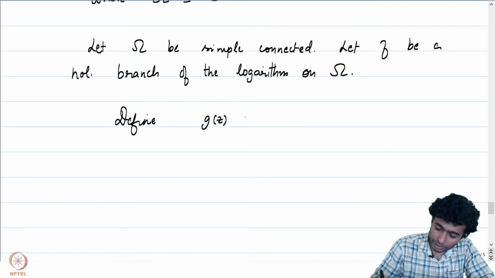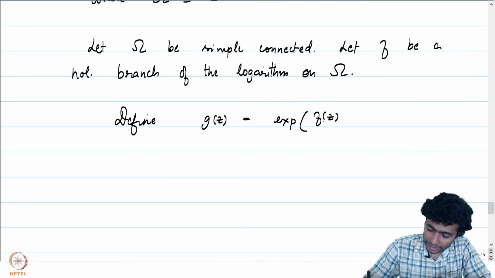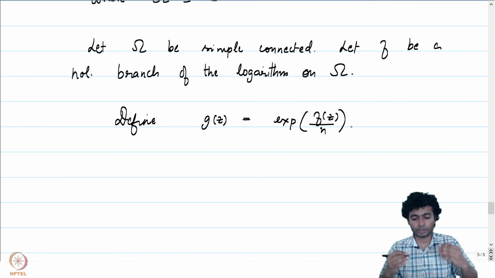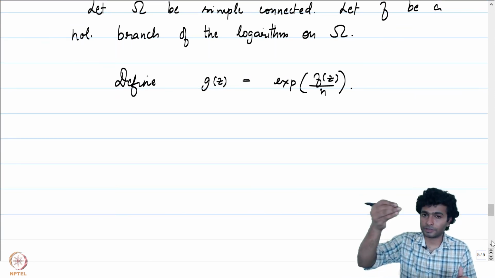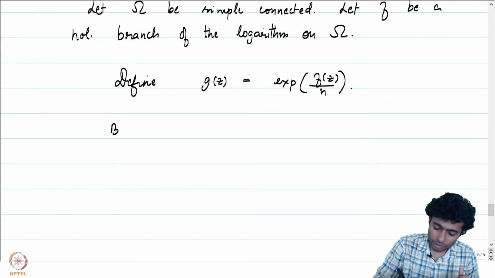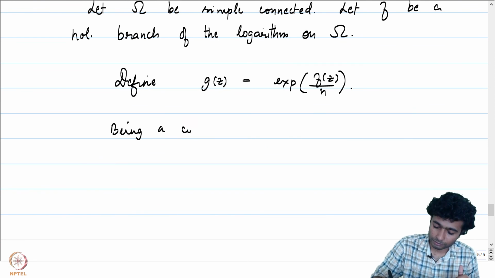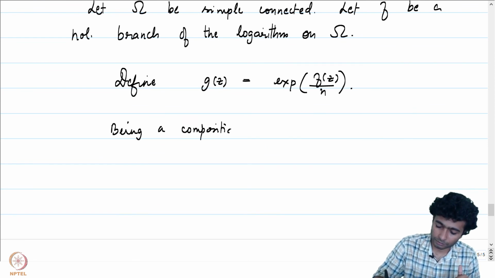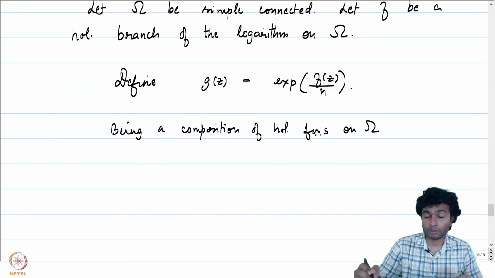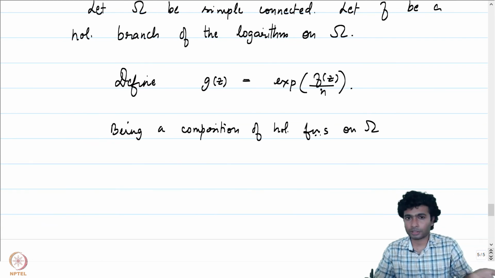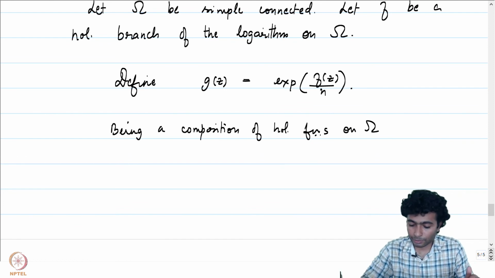Let's define g of z to be equal to the exponential of f of z by n. Notice that exponential of f of z is equal to z, but we are now looking at exponential of f of z by n. Being a composition of holomorphic functions, notice that f of z by n is a holomorphic function, exponential is an entire function. So exponential of f of z by n is going to be a holomorphic function.